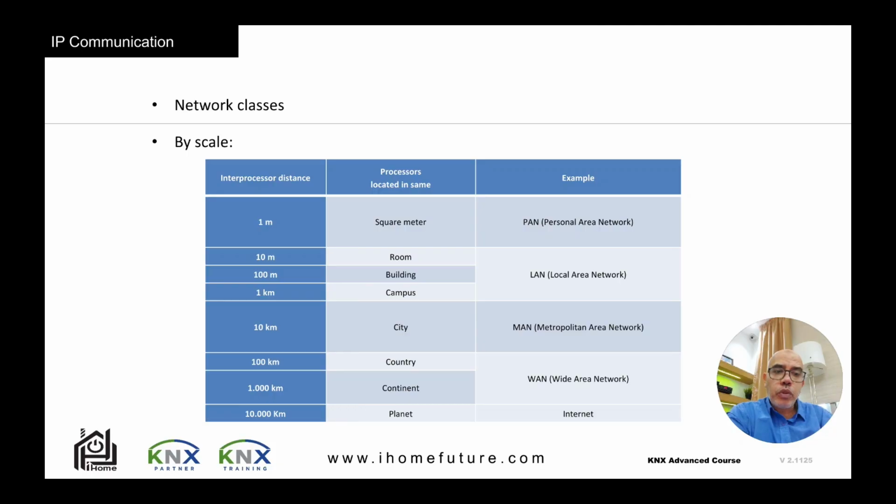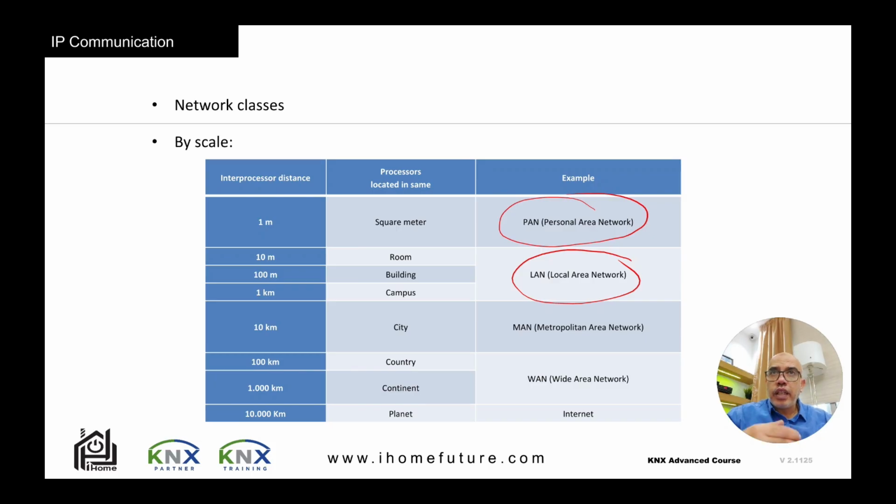If we talk about network classes by scale or size, very small networks like one PC are what we call a personal area network. If you have a network that covers a room, a building or a campus, this is a LAN. So your office has a few laptops connected together via a router; this is a local area network, LAN.